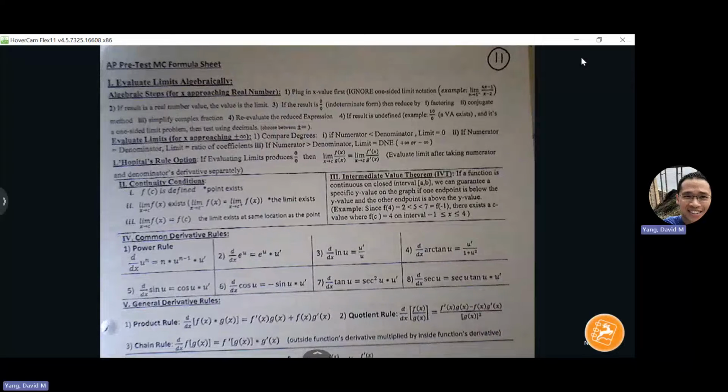Are we given any formulas in the test? The only formulas you're given would be the volume of spheres, cones or cylinders. That's all you're given. In terms of formulas that you should know besides your derivative rules, make sure you know the area of a rectangle, area of a square, area of a circle, circumference of a circle, and trapezoid area.